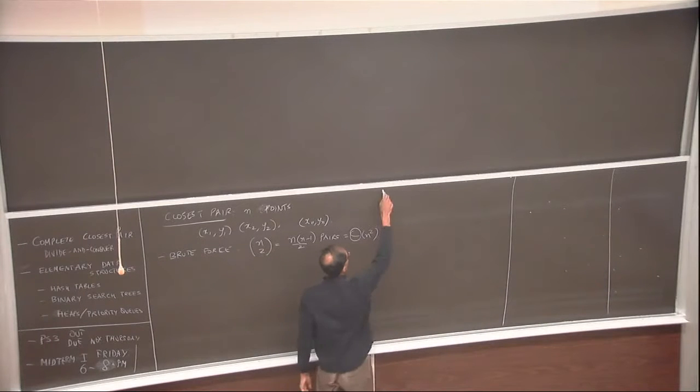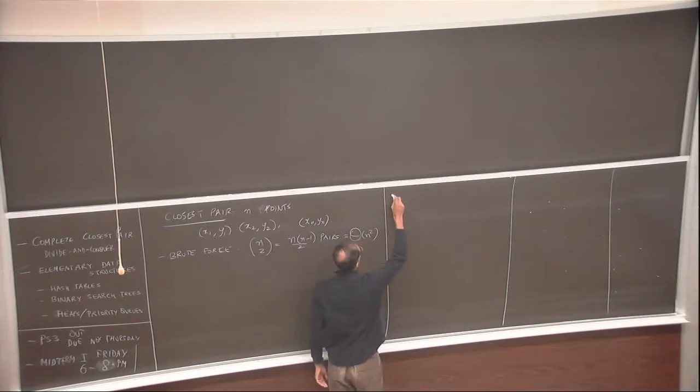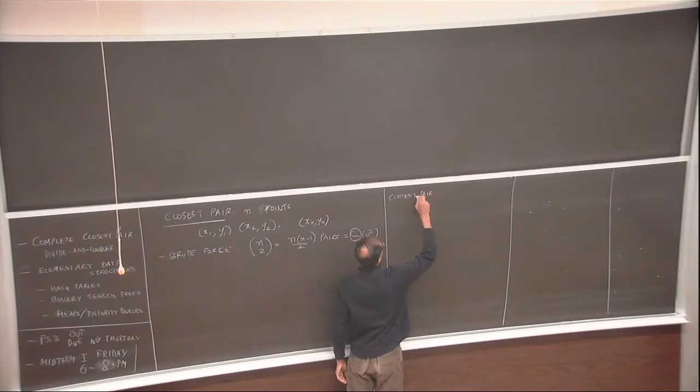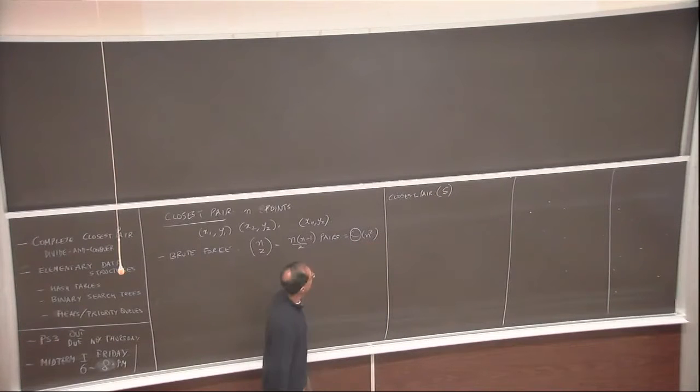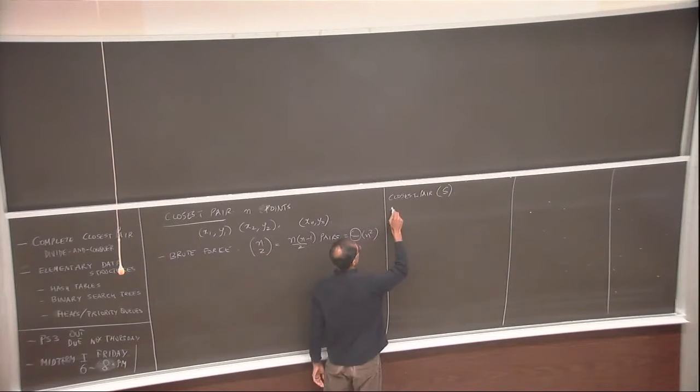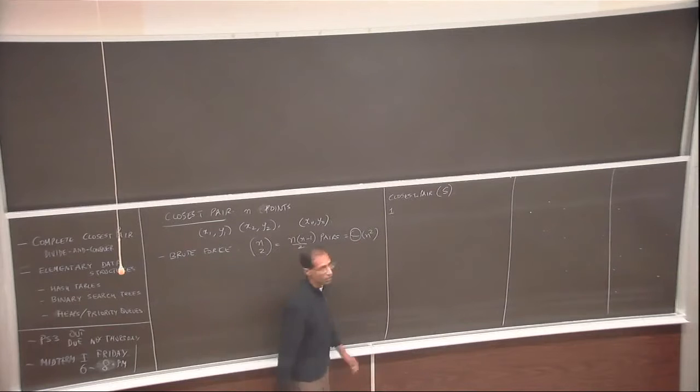So let me write down the algorithm here. Closest pair: let's say you're given a set S of n points. What do we do first? I'm going to write it in pseudocode, without too much notation, but it's very clear what the output is.